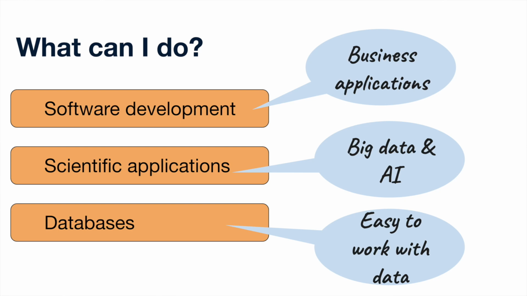But on top of that, you also want to develop models and draw insights from that data. All of these three are readily available in Python: software development, which leads to digitization, working with databases, and working with scientific applications, in particular with big data, machine learning, and AI.